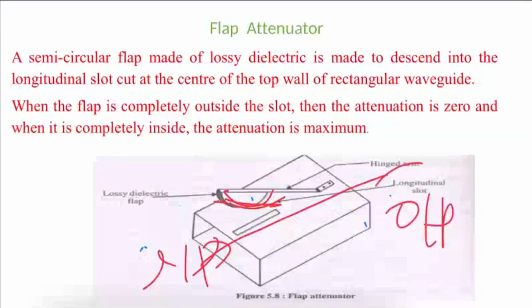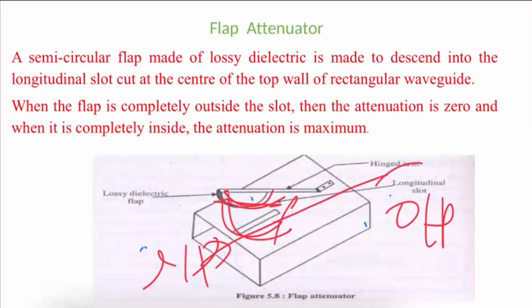And in the same way, whenever I move this flap up to some percentage, it is something like closing of the transmission of the signal. During that time the signal gets absorbed, which results in attenuation of the power. And whenever the flap is entirely closed, then the attenuation is maximum.